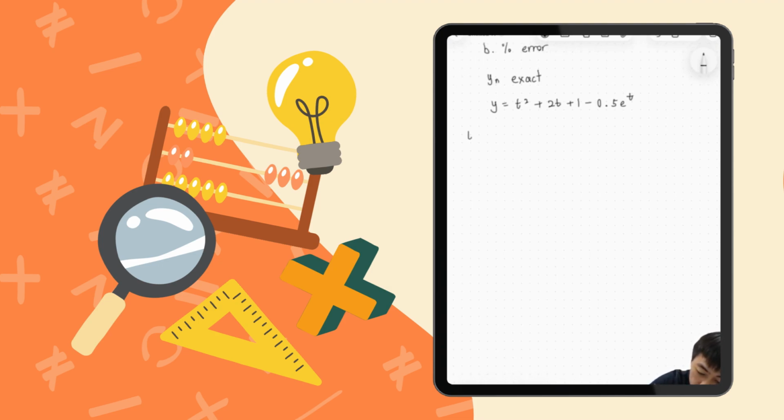First, t0 is equal to 0, t1 equal to 0.5, t2 equal to 1.0, t3 equal to 1.5, t4 equal to 2.0.